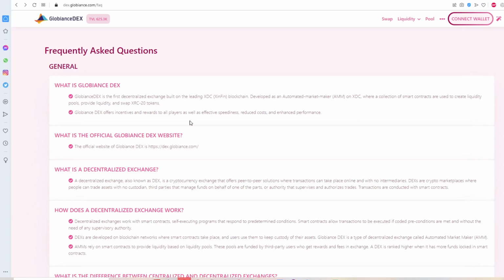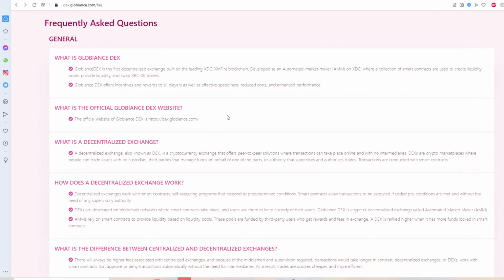A decentralized exchange means it's peer-to-peer, so you trade with other people directly. There is no Binance in between, or in that case, your Globiance in between, but you directly trade with other people. So that's in principle the two big differences, which is also why decentralized exchanges have gotten more and more popular over the last 1 or 2 years.